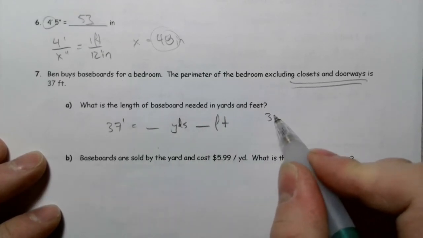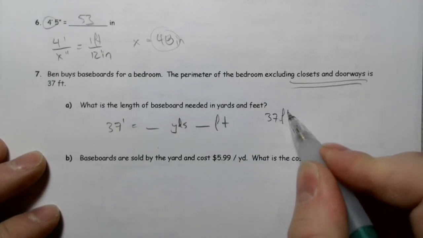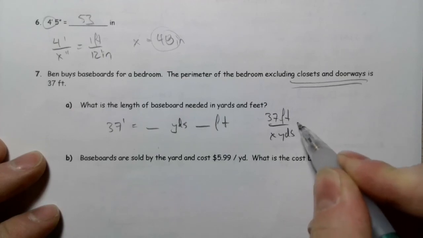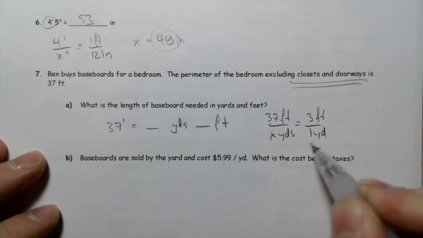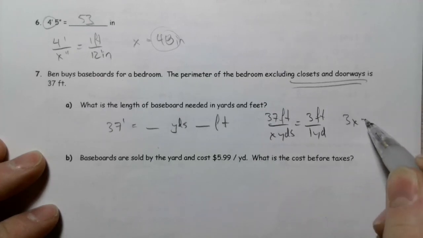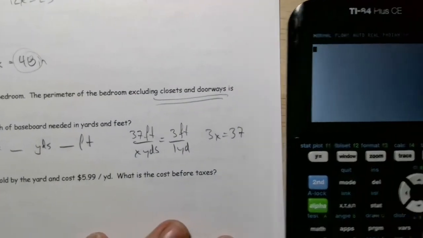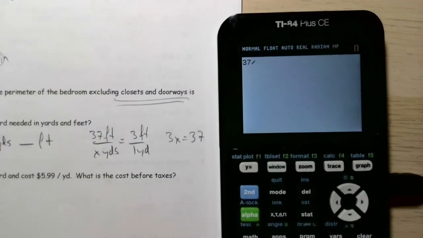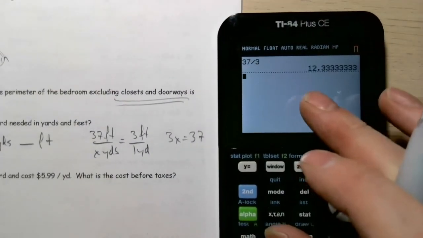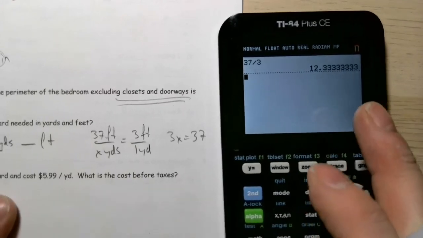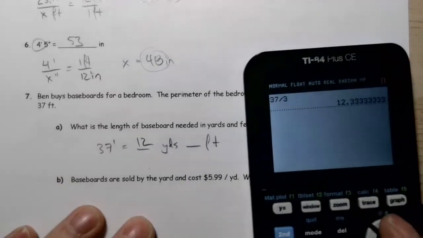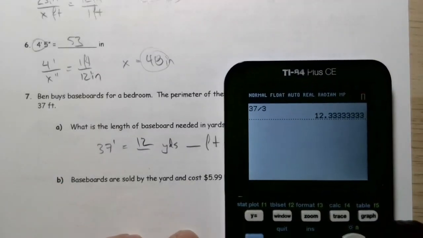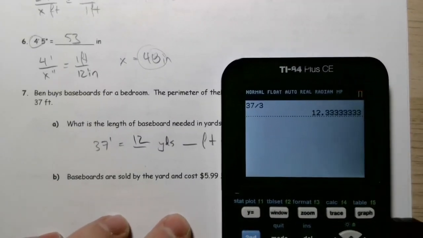Okay, well, 37 feet is x yards, and there are 3 feet per 1 yard, so I'm going to cross multiply, so 3 times x will equal 37, and then I'm going to divide, so it'll be 37 divided by 3, and I get 12.3 repeating. So I know that I'm going to have 12 yards there. Then I've got to convert that remaining decimal into feet.